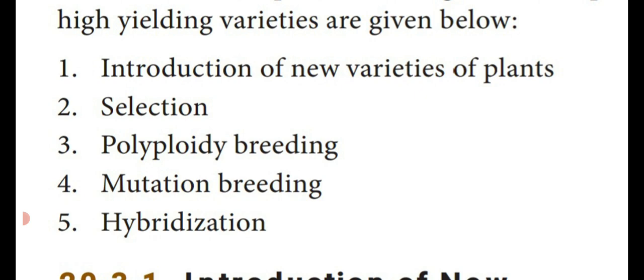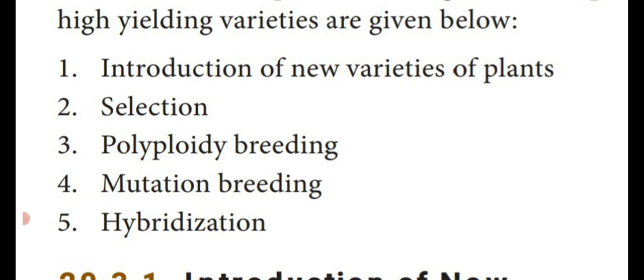Next one, polyploidy breeding. That means increasing or doubling the chromosomal number in the laboratory to increase the crop variety with variable or newly formed characters. Then mutation breeding. This is sudden changes occurring in the chromosome, or the application of physical or chemical substances to increase the crop variety, known as mutational breeding.